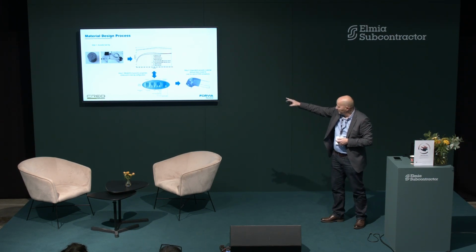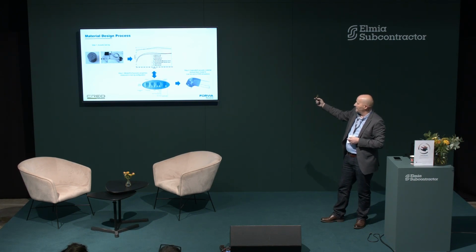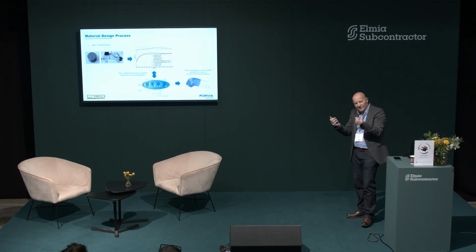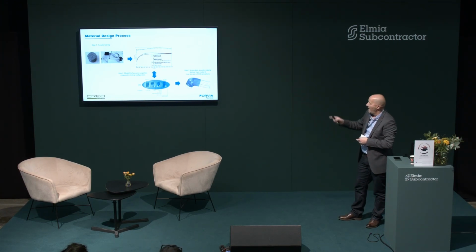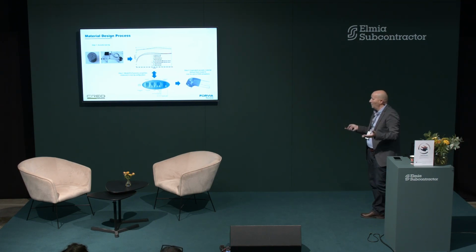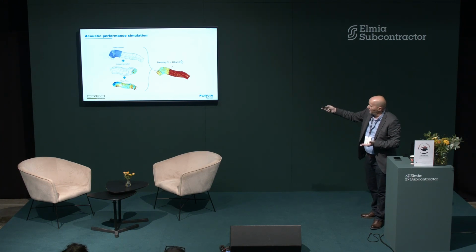So if you use this material model in a simple configuration, you will get a simplified representation of the material that you can then put in simulation tools, and do the link between the material morphology and the performance.